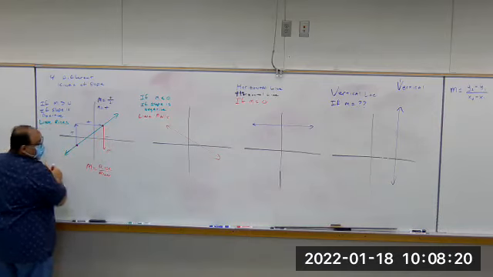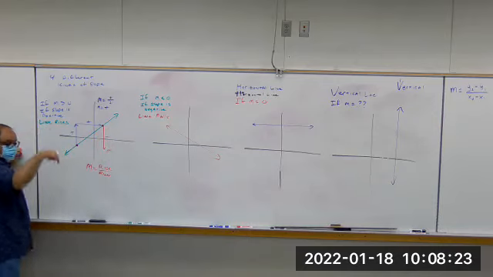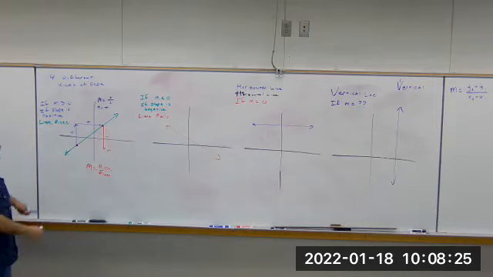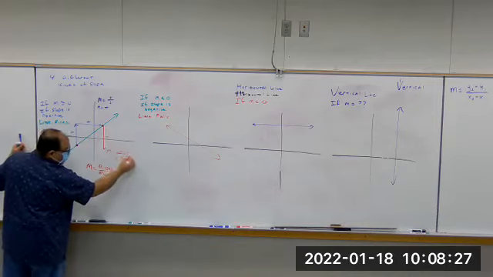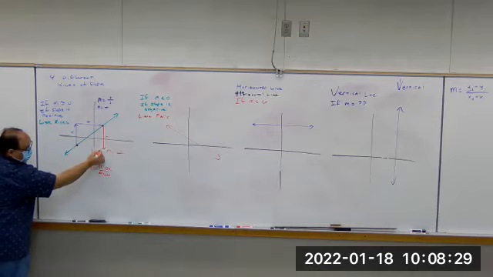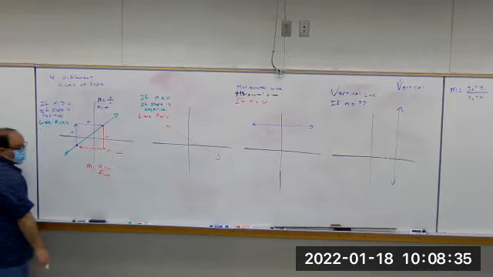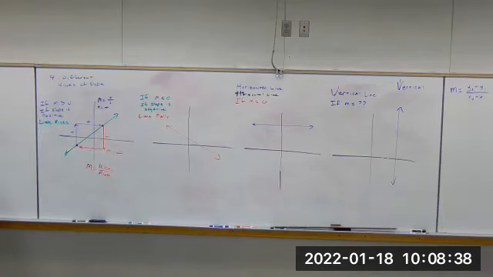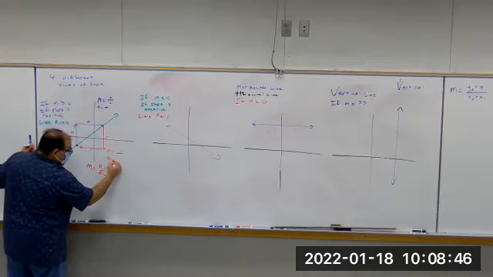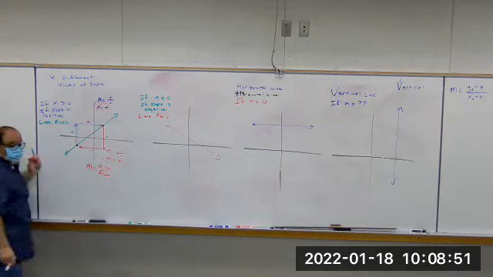So the rise is a negative number because you have to go down. And the run, you have to go to the left. The left is a negative direction. So that's a negative run. So the rise is negative and the run is negative. If you go from right to left, it's a negative over a negative. And that is also going to be a positive slope, no matter how you get from one point to the other.